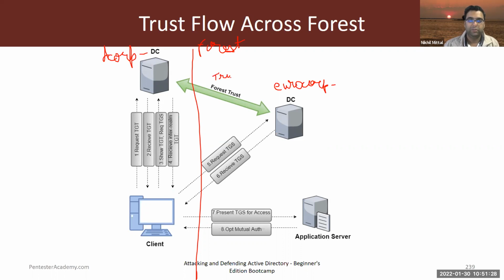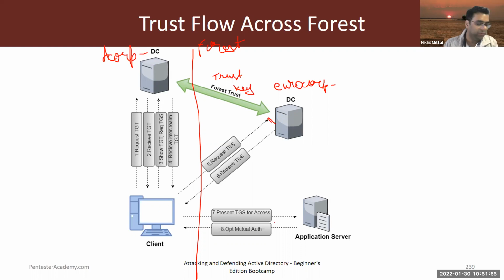The inter-realm TGT is encrypted using the trust key that is shared between these two domain controllers. The only validation at the end of step 5 that the DC of the other forest will do is if it can decrypt the TGT. If it can decrypt that, it will assume whatever is written inside the inter-realm TGT is correct and responds with the TGS, and then you can get it.